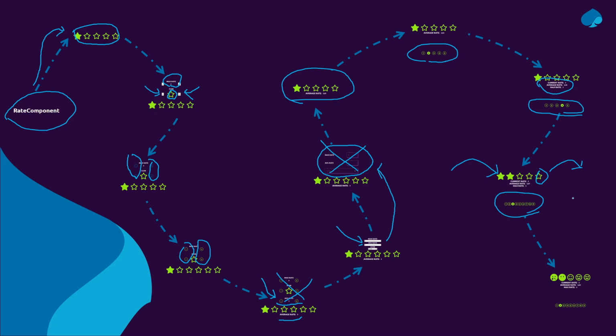And in the end, we would like to make our component able to receive a dynamic set of icons, like in this example, based on the actual rate each of them is representing. So the lowest rate value would equal a sad face, and the higher the rate will be, the happier the face would become.